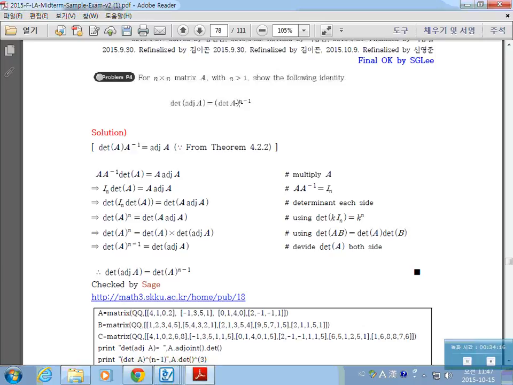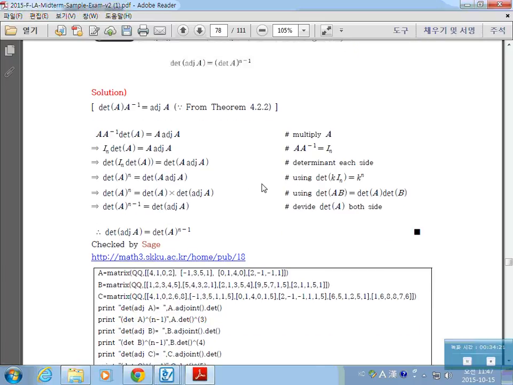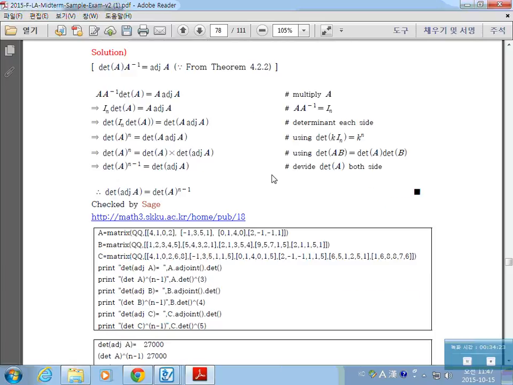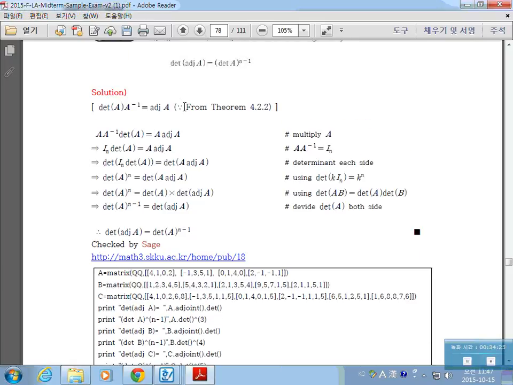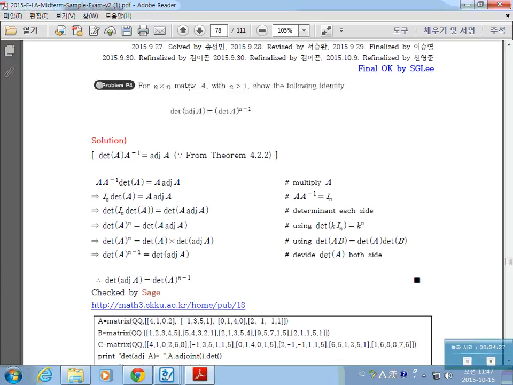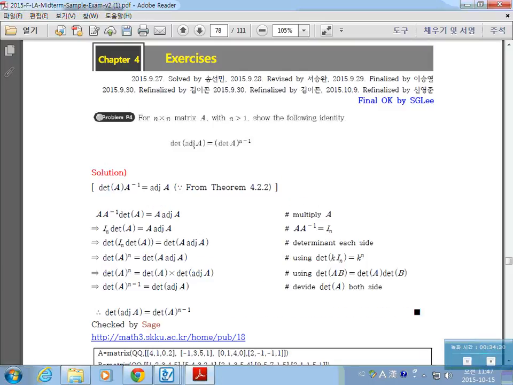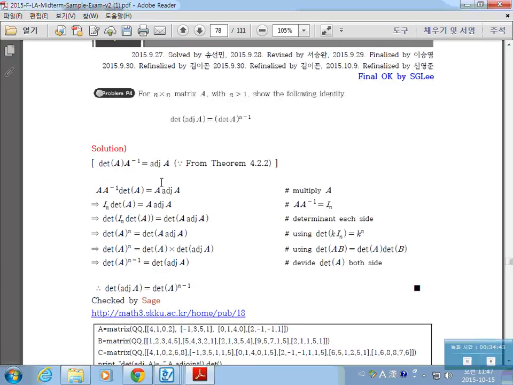And this is an important property of the adjoint of the matrix. Here, this is only half a point. Actually, this fact is true not only for the non-singular matrix, but also true for the singular matrix as well. This gives the proof of this fact for non-singular matrix only.